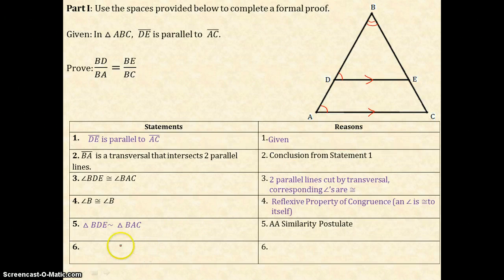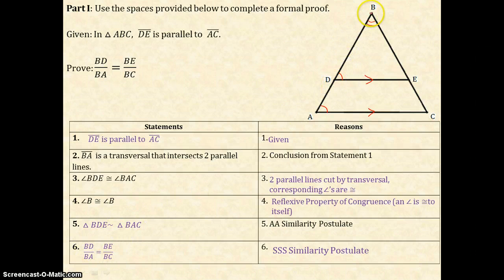And then now, the last statement is always going to be the thing you're trying to prove. And why do we know that? Why do we know that BD over BA equals BE over BC? Because we have the side-side-side similarity postulate. If you have two similar triangles, then the ratios of the sides are constant, and the constant equals each other.